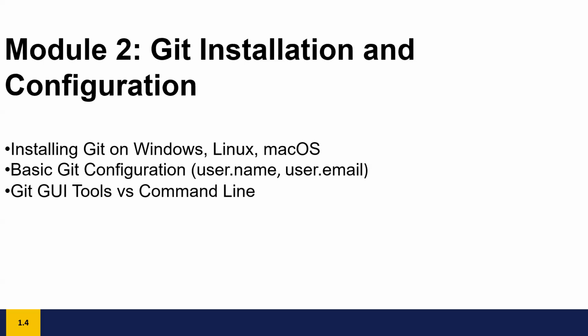In the local, we will discuss the command line like Git Bash on Windows and Git GUI tools like VS Code IDE, how we can push and pull the code. Whatever we are doing through command line, the same we'll discuss on the GUI tools also, like VS Code and Eclipse.